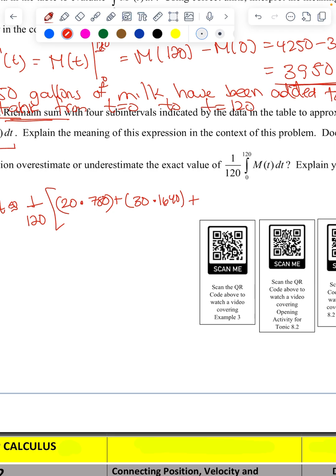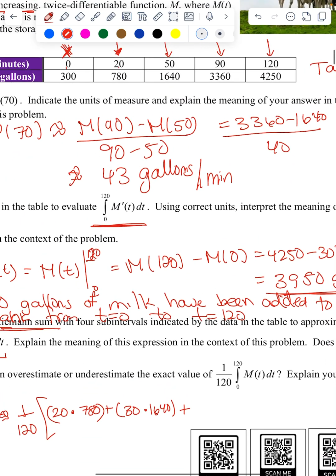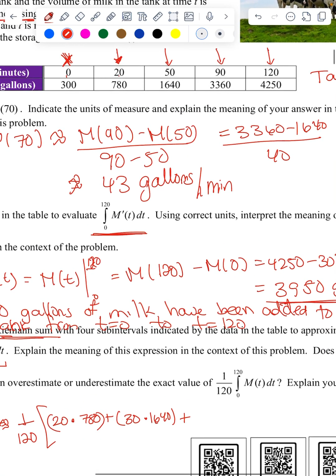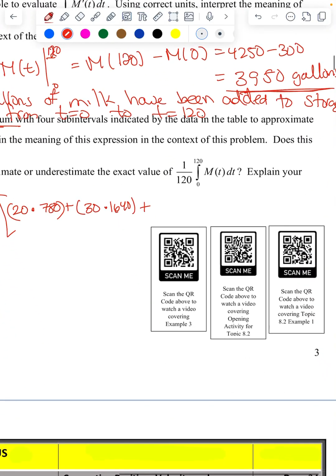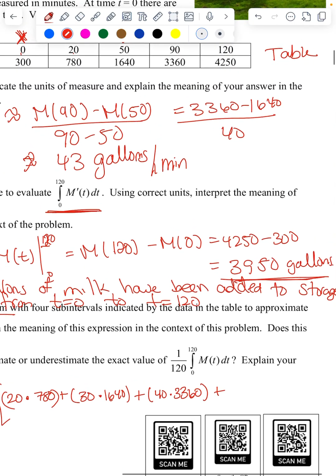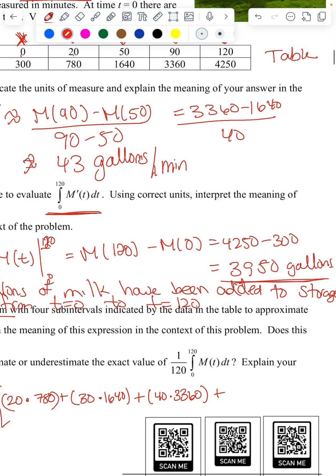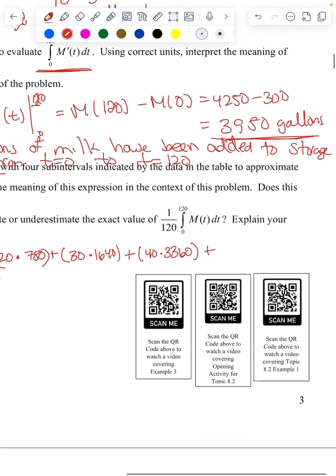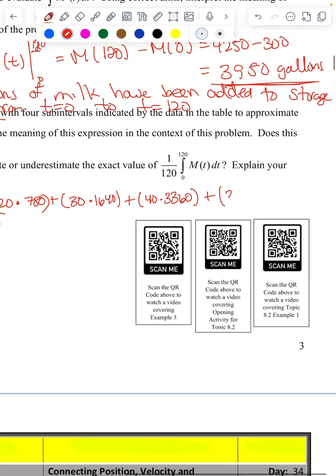plus from 50 to 90 is 40, and the height is 3360. So 40 times 3360, plus from 90 to 120 is 30 again, and the height is 4250. And just do the math.